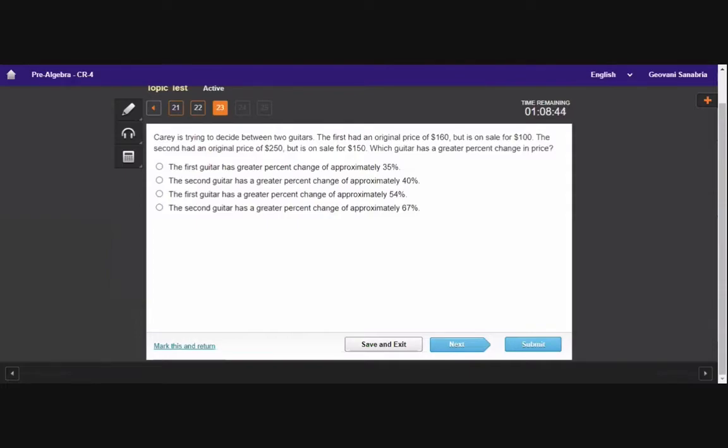This one, I got it last time. Just like two guitars. It's the second guitar for sure. Yeah, that's $200 off. Well, the first one's 60 off, right?